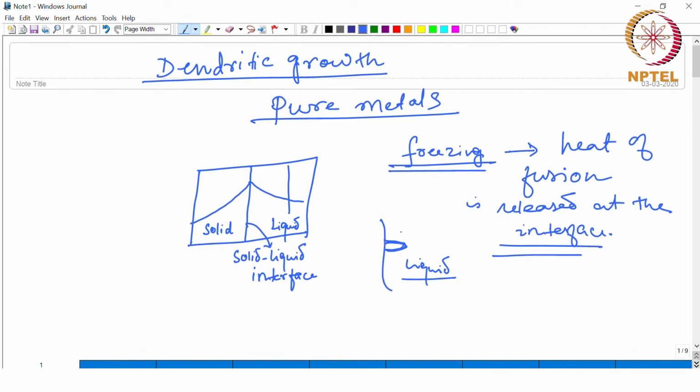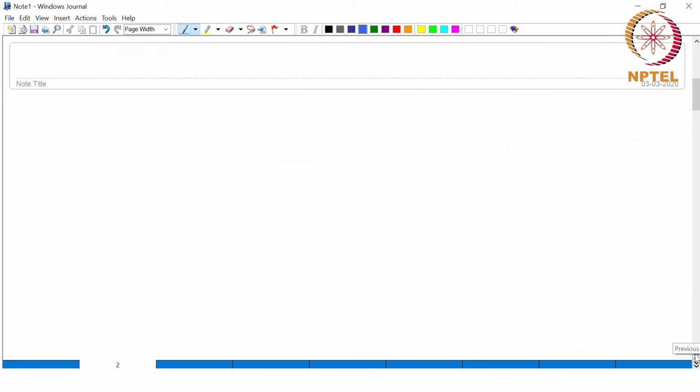So, now let us say this solidification proceeds further and more heat is removed and the solid is growing. And let us say this is the interface, the solid liquid interface.